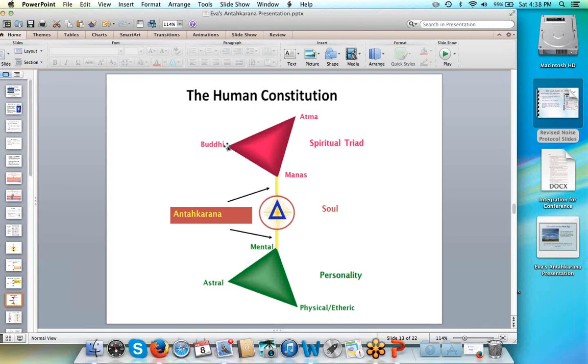Most of us think of intuition as a gut feeling, and that's not what this is. This is intuition and understanding of the life of deity, the life of God. It's a totally different level of intuition. Then we move up to Atma, which is the will, true spiritual will. It's a totally different will than the soul will. So these are levels that are beyond the average, beyond most of us.